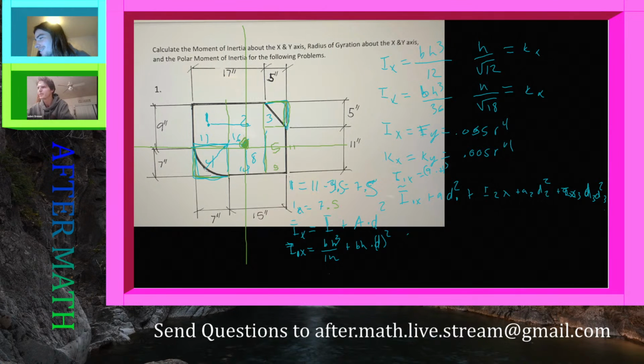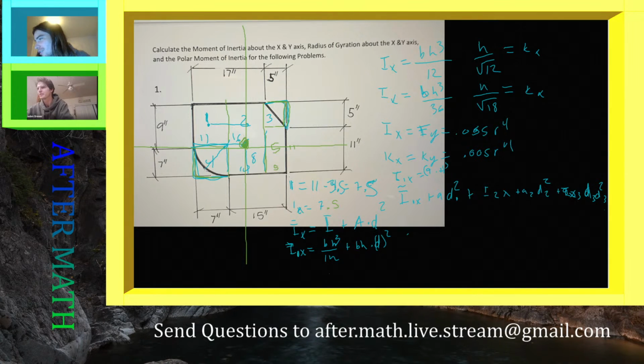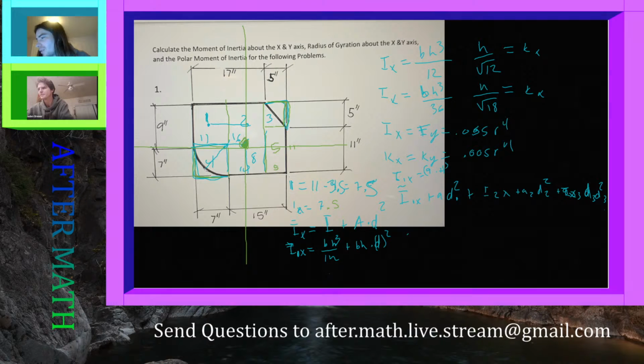So we'd get a number, and that number would be the magnitude, but we don't have a direction. So that's where the polar moment of inertia, I'm assuming, comes from.